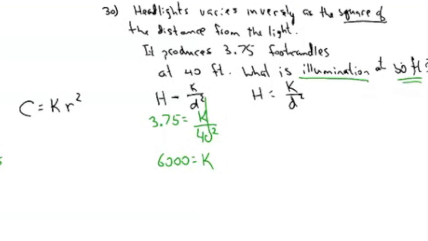Do I know K? That doesn't change. That's going to be 6,000. Do I know D? Yeah, 50. So I'm going to write it as 50 squared. So what's 6,000 divided by 2,500? 2.4. So H is going to equal 2.4.